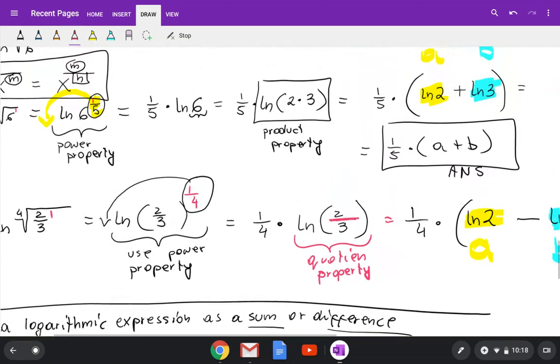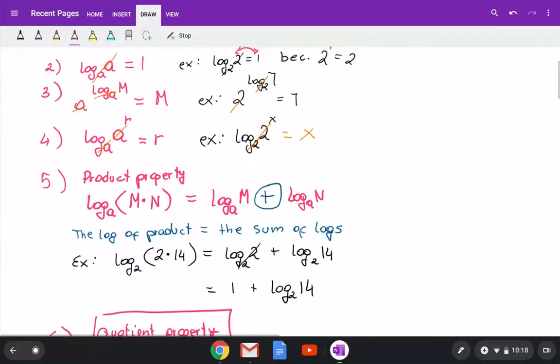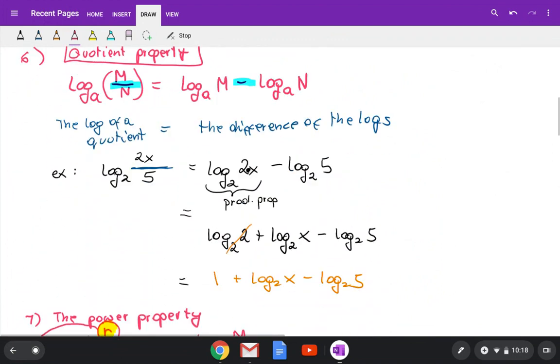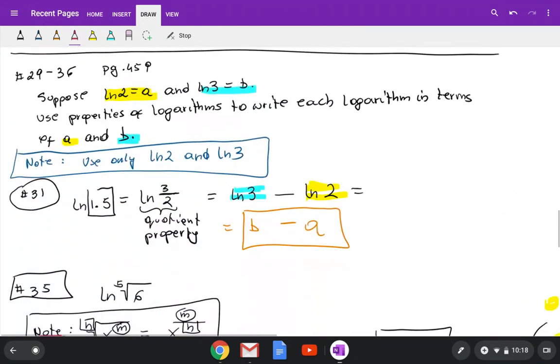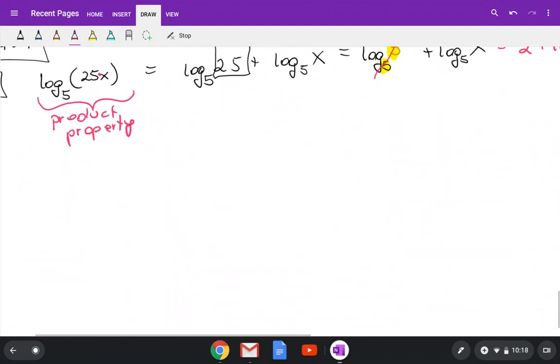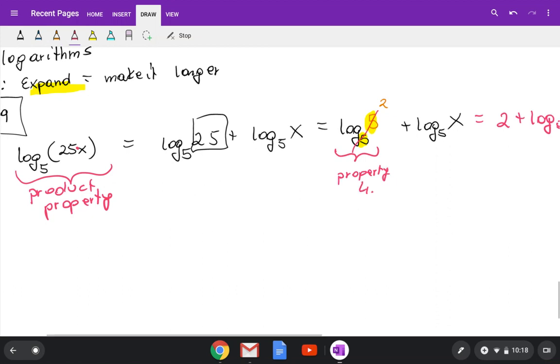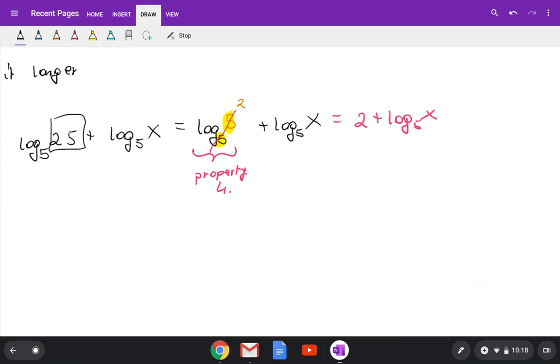Let's go back. I use property 4, the last one. So let me just write down, I use here property 4. Okay, so that's our final answer, 2 plus log base 5 of x.